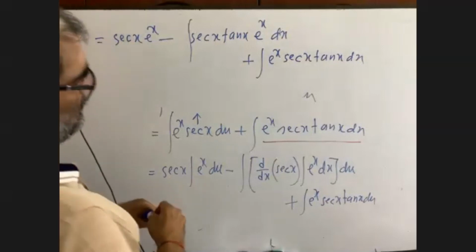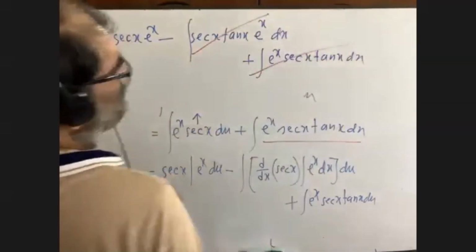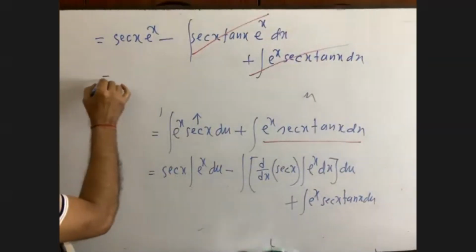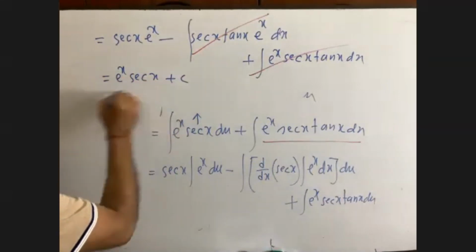What is happening here? You see, again this and this will be omitted. As a result we are left with e to the power x sec x plus c, and we are done here.